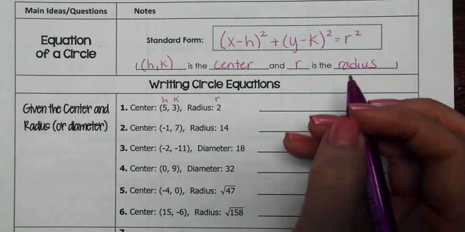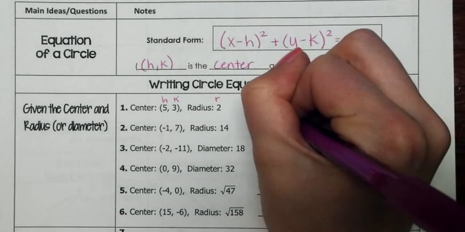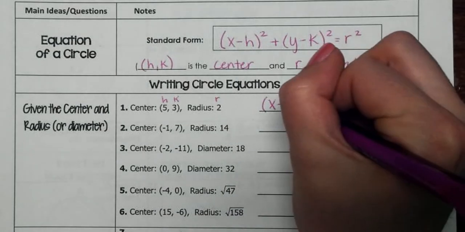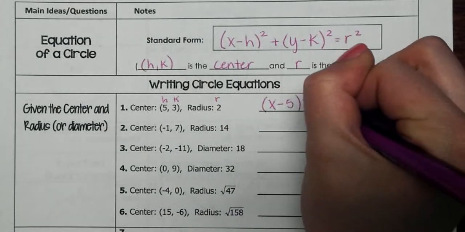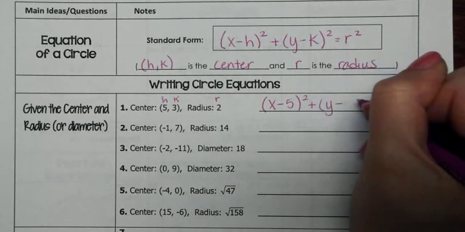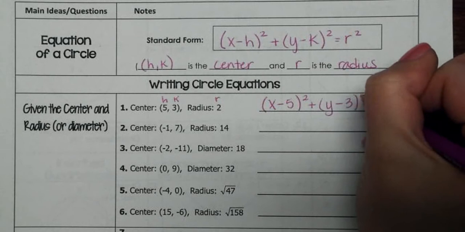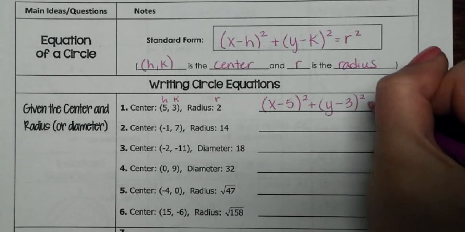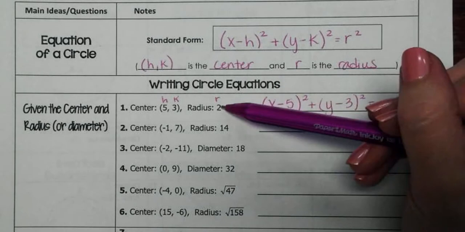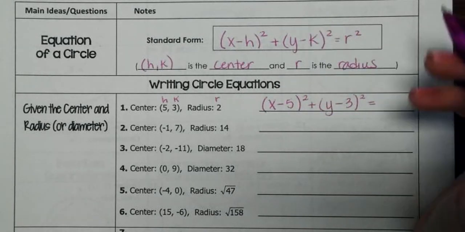So you're going to have parenthesis x minus h, which is 5, close parentheses squared, plus y minus k, which is 3, close parentheses squared, and that's going to equal r squared. We want to actually square that. So what is 2 squared? Should say 4.